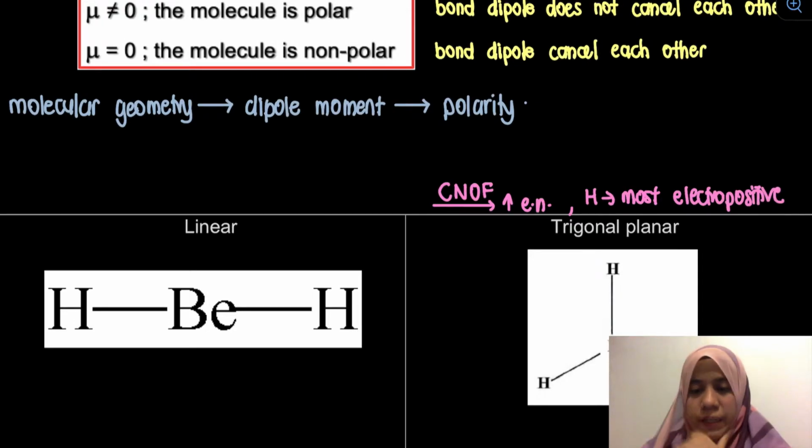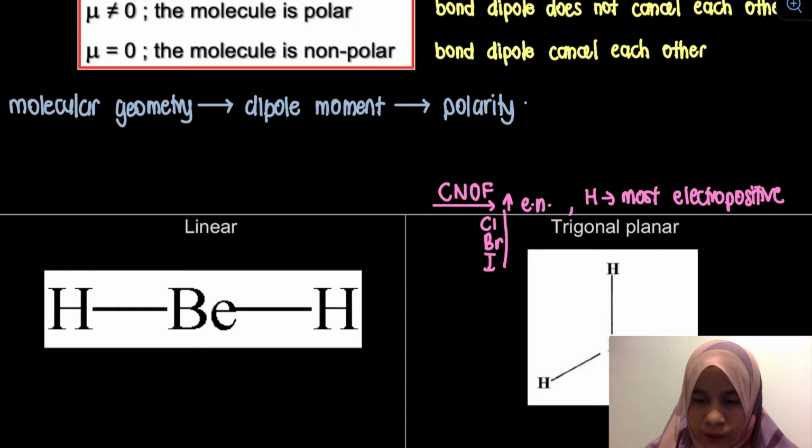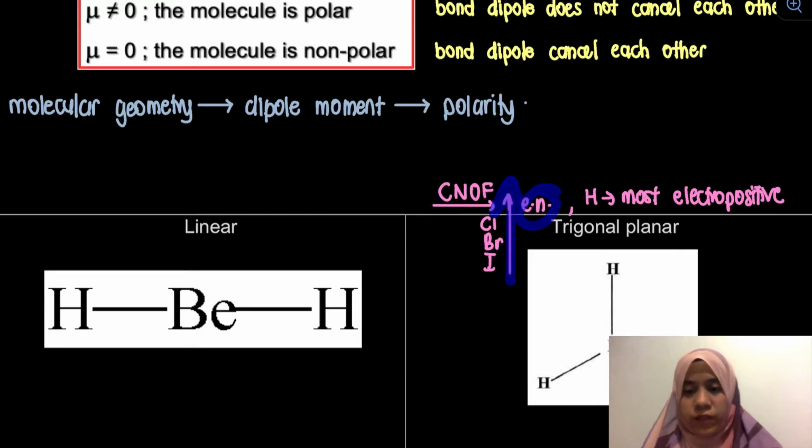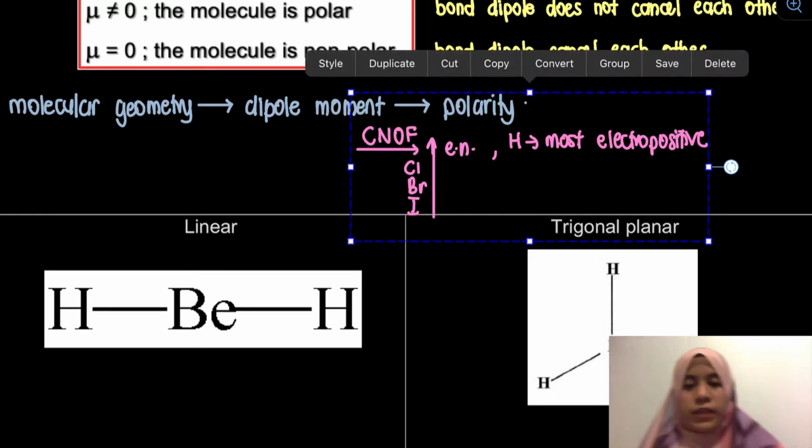If there is chlorine, that means high electronegativity. Xenon, from iodine to fluorine, is also increasing electronegativity. So let's look here.